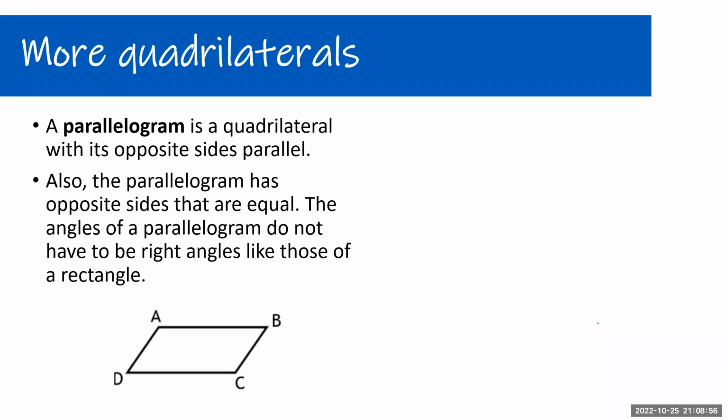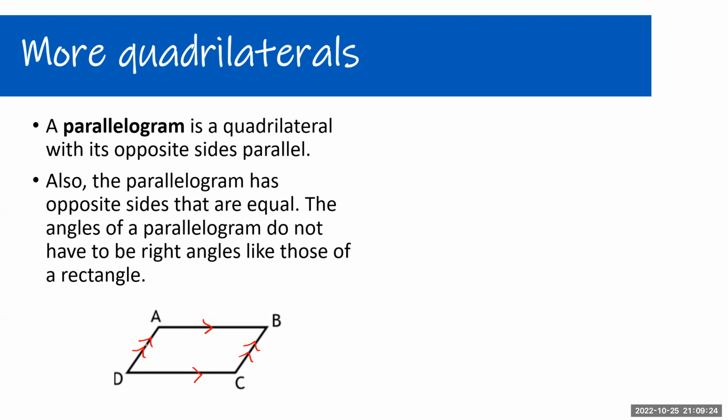Now, speaking of parallel, we can talk about parallelograms. A parallelogram is just a four-sided polygon, so a quadrilateral, and all of the opposite sides are parallel to one another. So this is parallel to this. I'm going to put two marks here to show that they're parallel to each other, but not the others. So AB and CD are going to be parallel, but AD and BC are not.